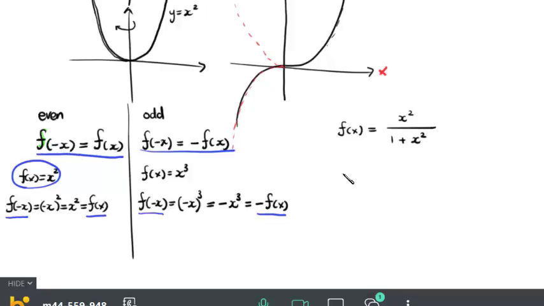So compute f of negative x. You plug in negative x into x. So what's this? Negative x squared over 1 plus negative x squared, right? You can think about it for a minute, and you can tell me if it's even, odd, or neither. I think someone has already answered.